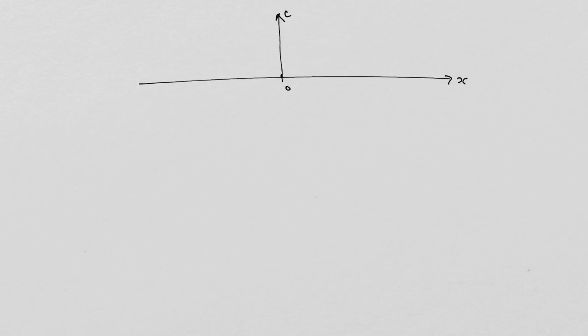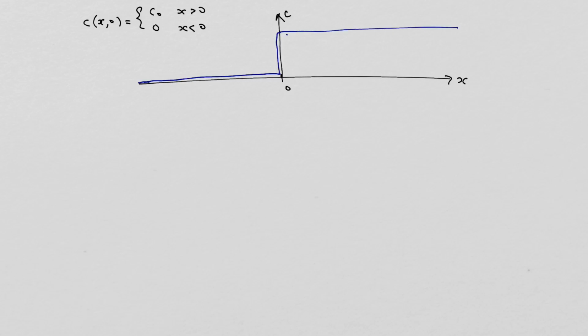And now I want to consider this. So I now want to consider an initial concentration profile which is 0 out here and then some constant value C0 for x greater than 0.